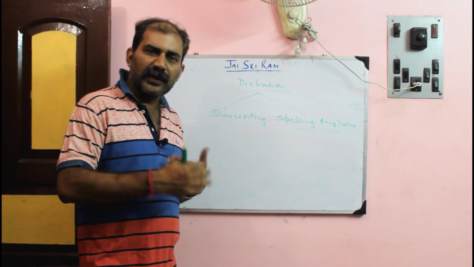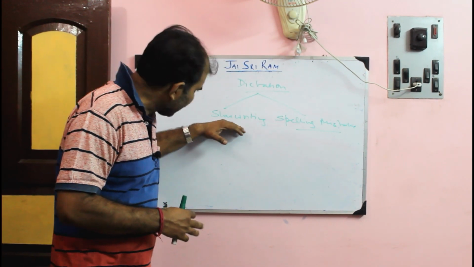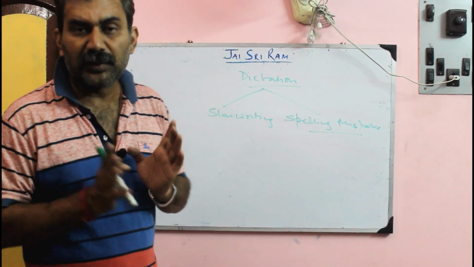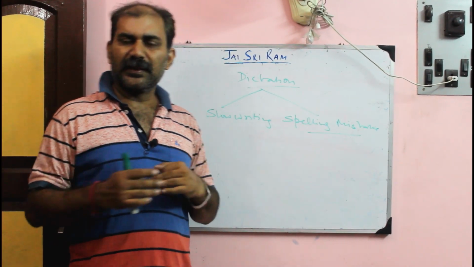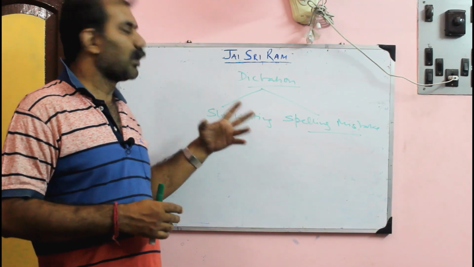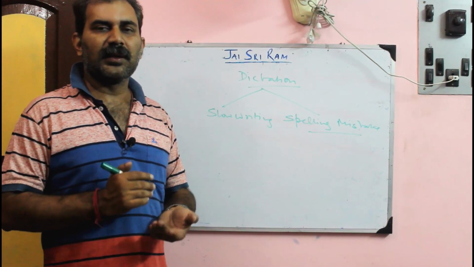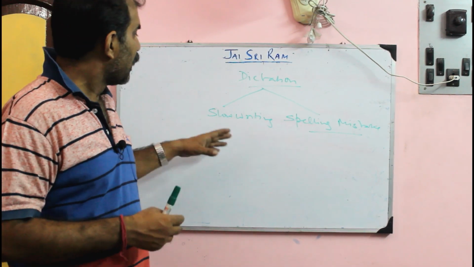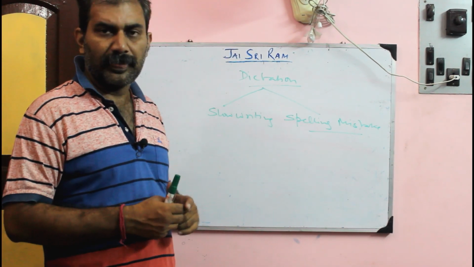If you practice this for 2 to 3 months, this slow writing problem and the spelling mistake problem will be solved. Dictation is very important, friends. We have stopped giving dictation, and that is why these problems are occurring. When I was a student in an English medium school, dictation was there every day.